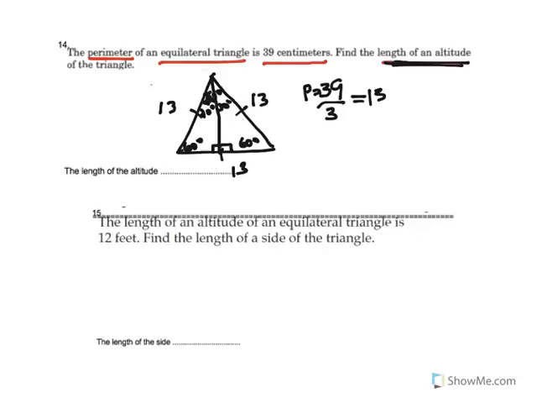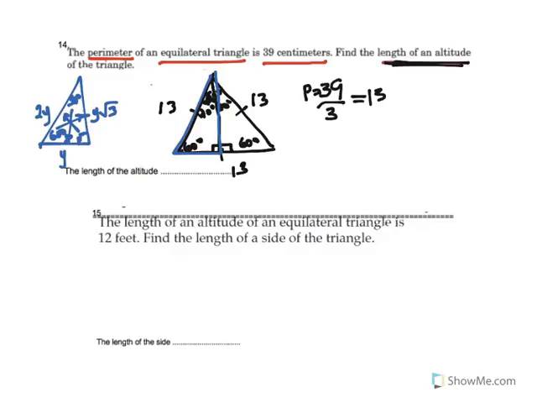So let us draw a guide triangle. Over here, we have 90 here. This is 30, and this is 60. The side across from 30 is y, the side across from 60 is y square root of 3, and the side across from 90 is 2y.